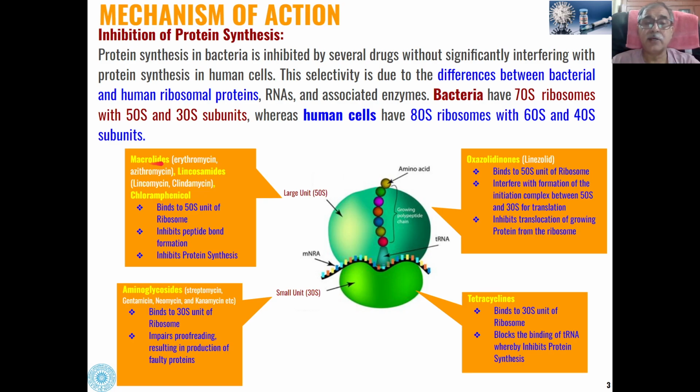Similarly, macrolides, common examples being erythromycin and azithromycin. These two were the commonly used antibiotics or antibacterial agents even during the times of COVID-19. So these macrolides like azithromycin and erythromycin, then lincosamides, lincomycin and clindamycin, and chloramphenicol, all act in a similar manner.